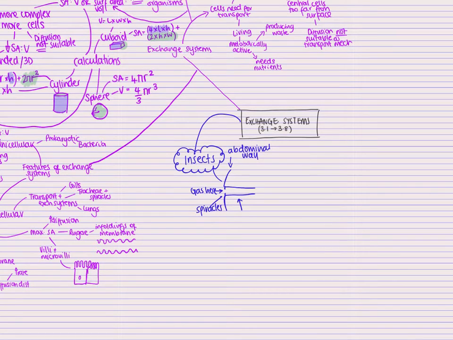Following on from the spiracles, we have got the tracheae, a bit like the trachea in humans, which then deviates into the tracheoles. And they meet straight into the cells of the body.